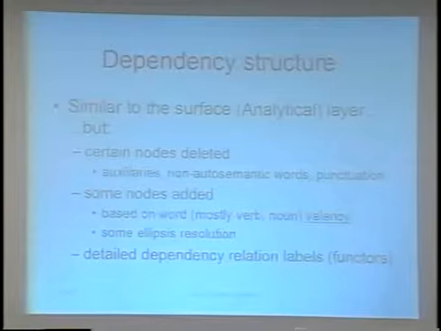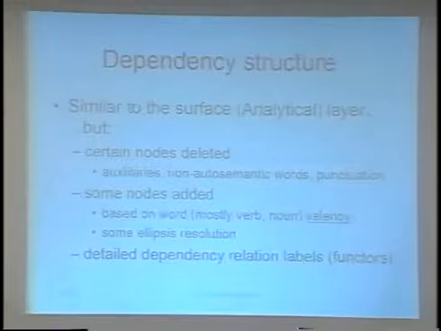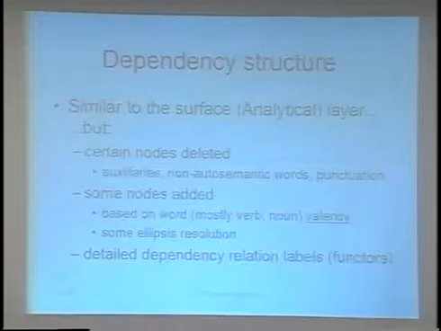Also, the big change is that on the surface level we did not deal with semantics, so we had just one label for adverbials, but we didn't say exactly what type of adverbial it is. At this level, we already have a very detailed set of functions, so those 5 main functions are expanded to about 60 quite detailed functions.